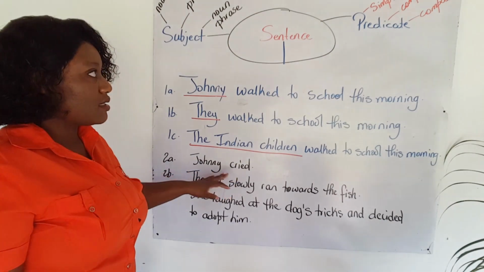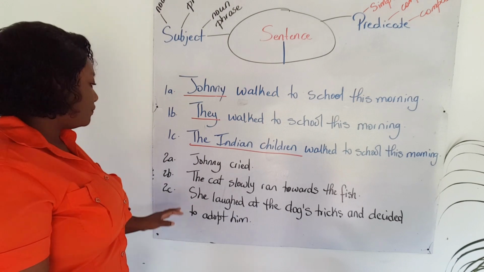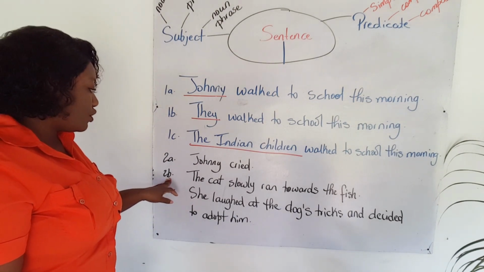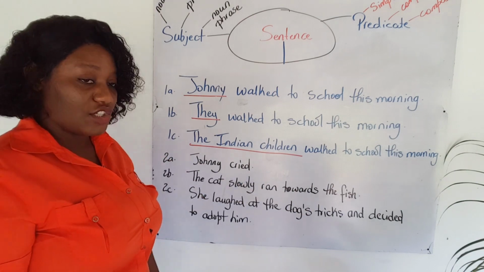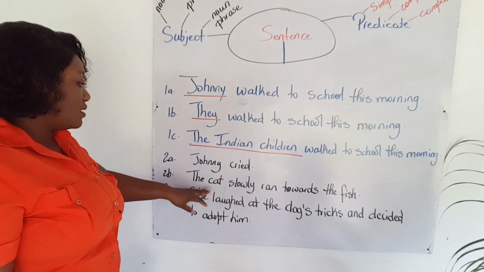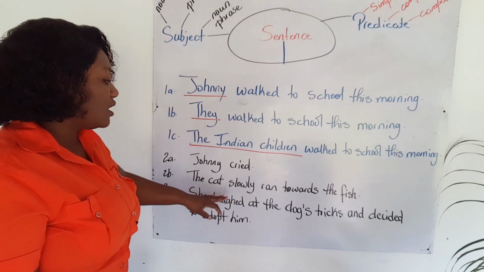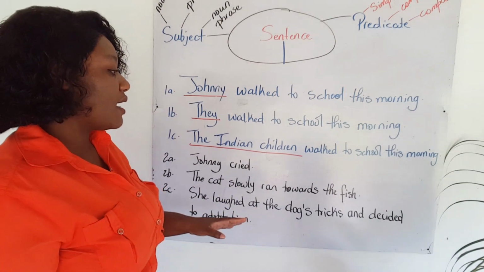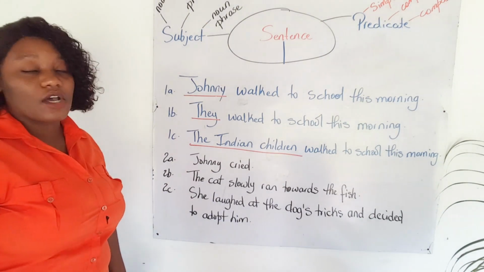This here is a simple predicate, cried. Number 2b, the cat slowly ran towards the fish. This is a complete predicate. And 2c, she laughed at the dog's tricks and decided to adopt him. And this now is a compound predicate.